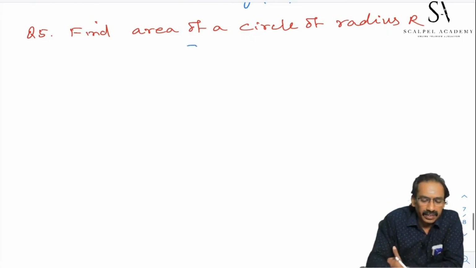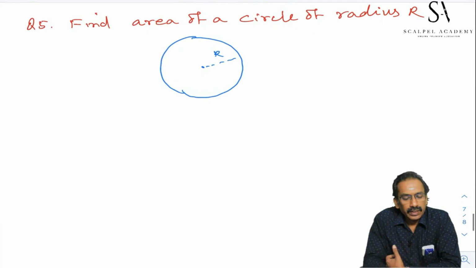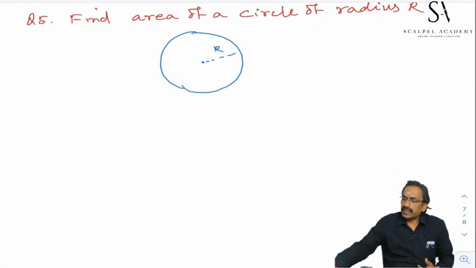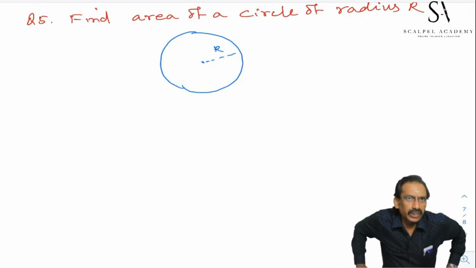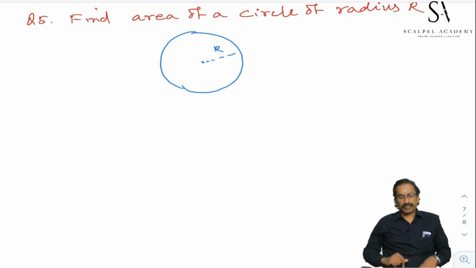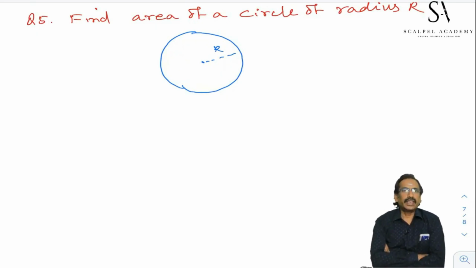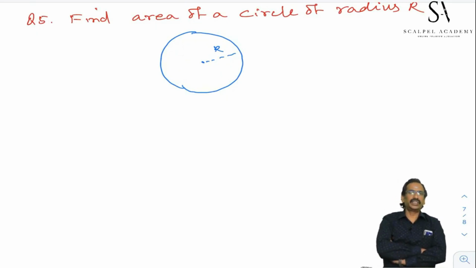This is the circle of radius R. Here how this area depends on this radius, we have to get the relation. Area is the function. That function depends on radius. That relation we have to get, and then we have to integrate to get the total area. Okay.